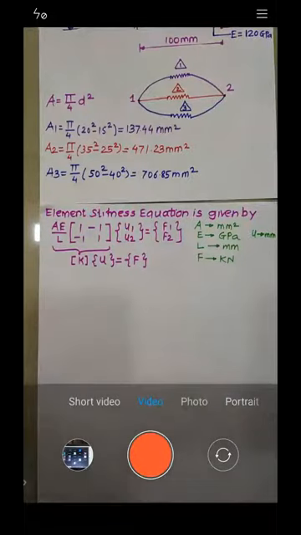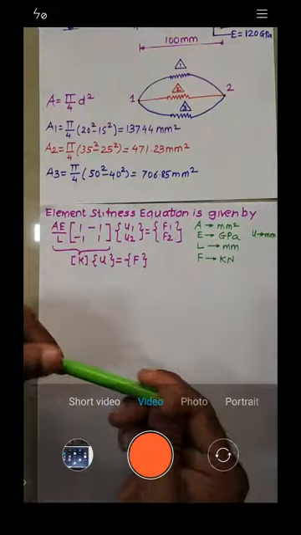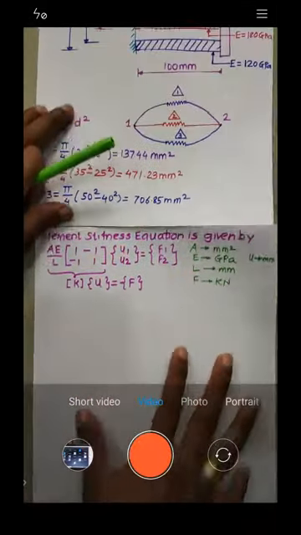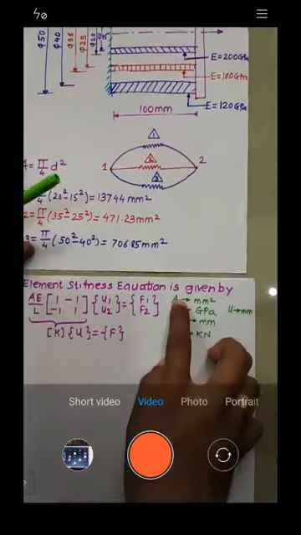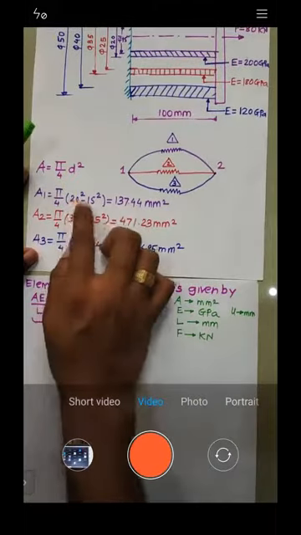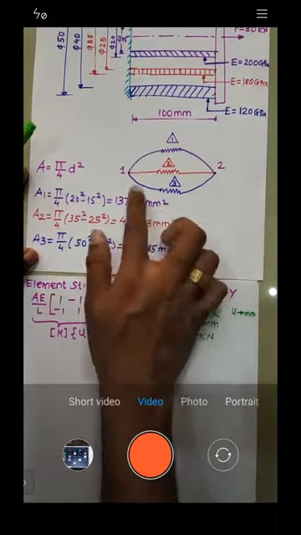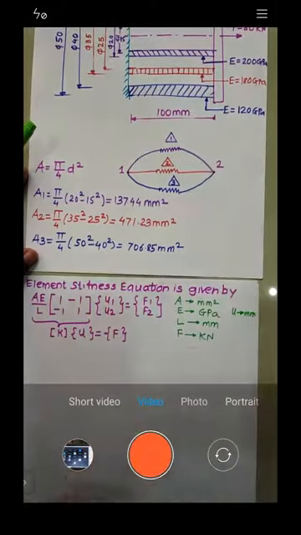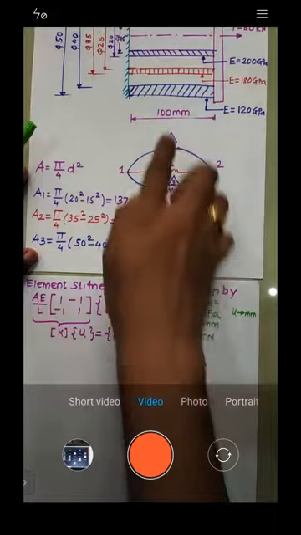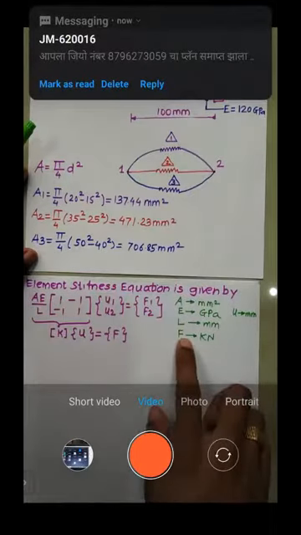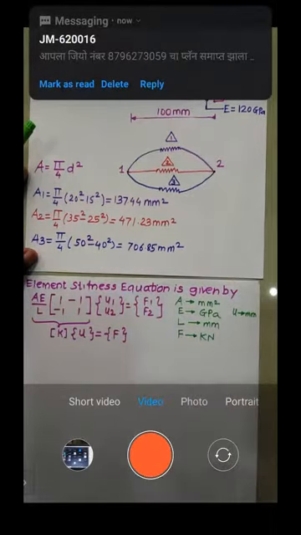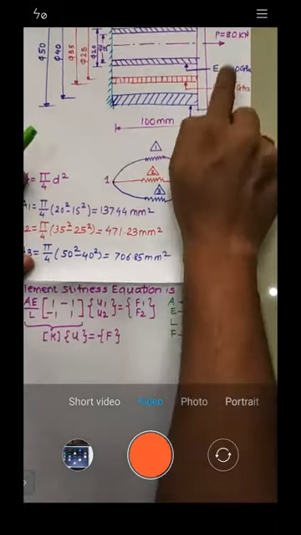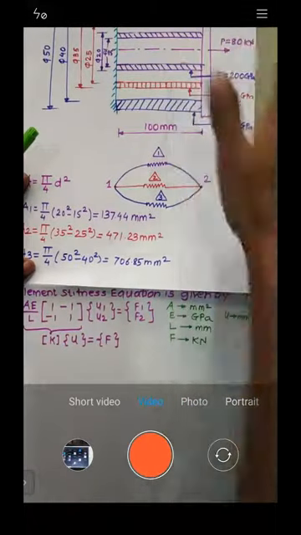So if you look at the data given in our problem, the diameter is in mm, so area we will get in mm square. E is already given in gigapascal. Length is already given in mm, and force is already given in kilonewton.